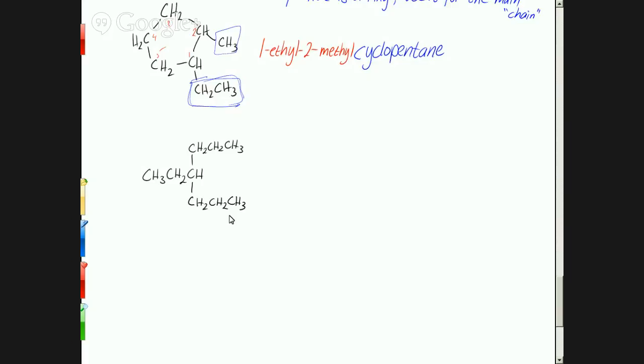Propylene? You have to first find the longest chain, right? Yep. It's pretty much all equal if you look at it, though. You still have to find the longest chain.